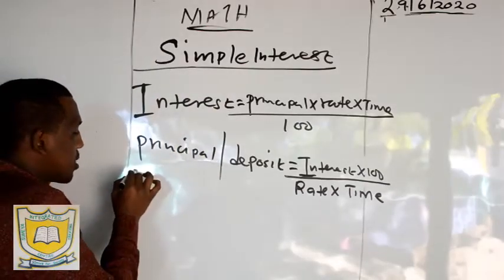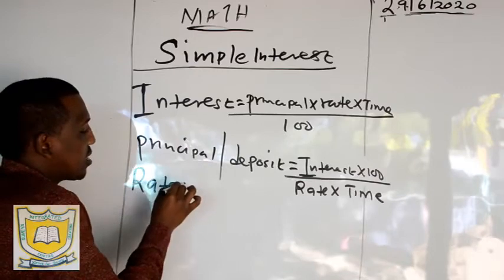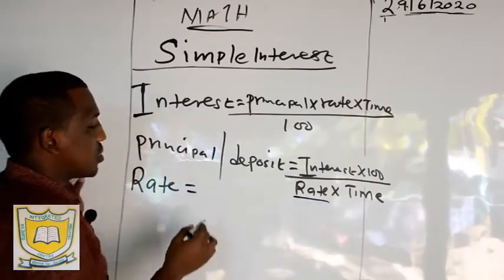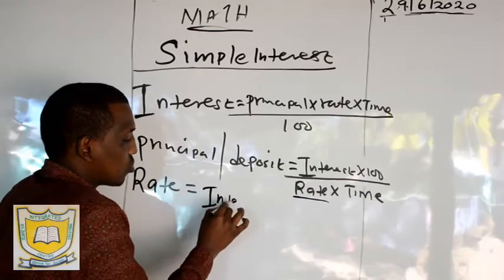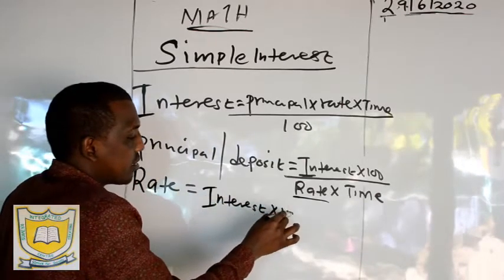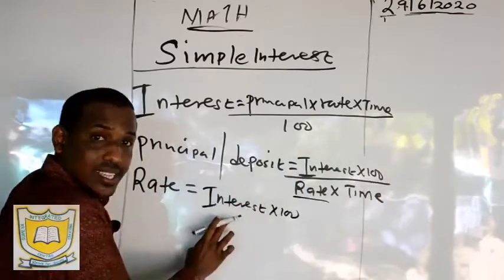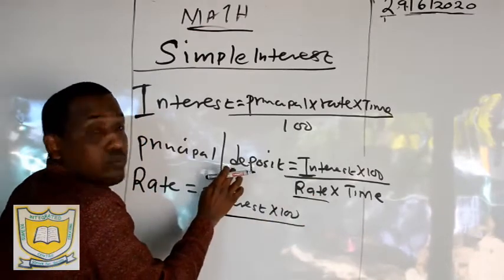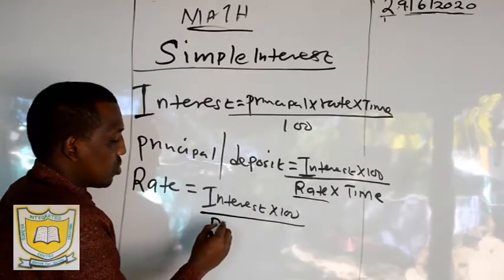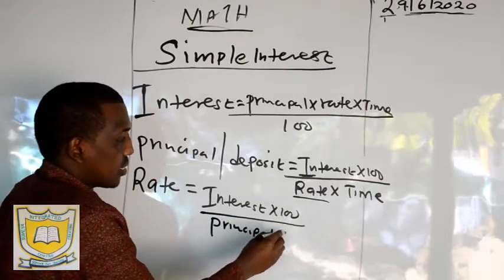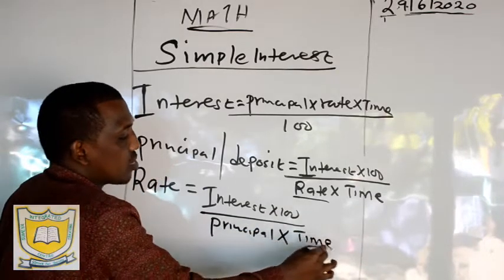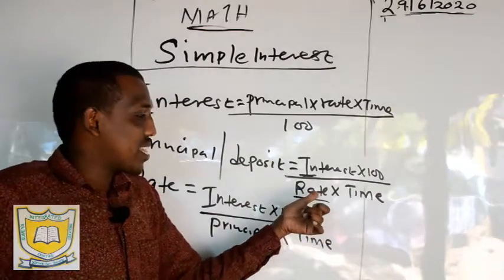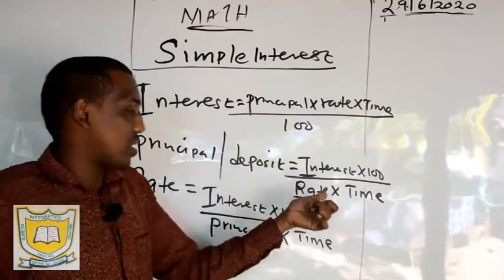How do we get the rate when they ask for it? Rate is equal to interest times 100 over the principal times the time. When they ask for the rate, the principal comes down.